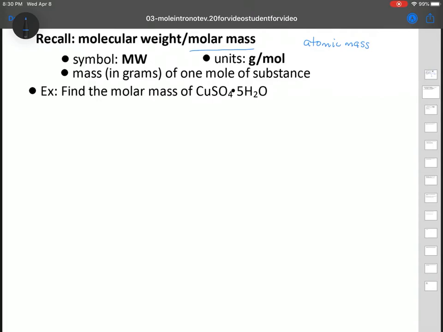They mean the same thing. So how many grams for 1 mole of substance? The mass in grams of 1 mole of substance, we're going to use the symbol MW. When you give the molecular weight or molar mass, you should include units, and the units are grams per mole. How many grams in 1 mole of substance?